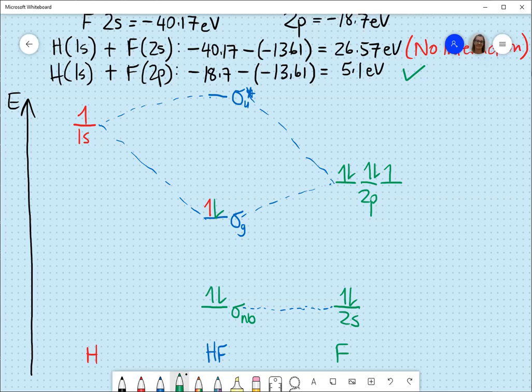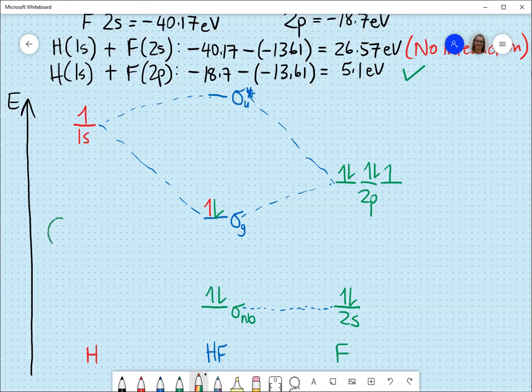The remaining 2p orbitals, there's no interaction. Remember what I told you guys, that if an s and a p are not of the same symmetry, so we have this constructive interference. So here's, let me just draw it in a different color. All right, we'll go with this.